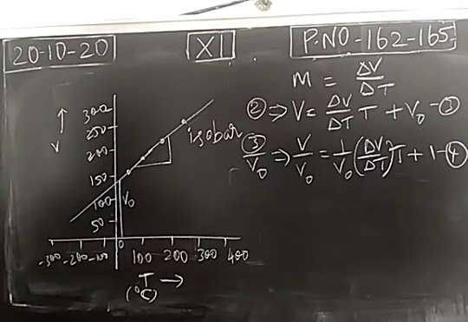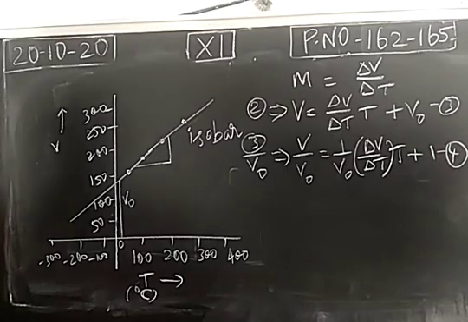Then, Charles and Gay-Lussac, both are scientists. Charles as well as Gay-Lussac, they assumed that for every rise of temperature, there will be an increase of volume. So both are directly proportional. When temperature increases, volume will increase. For every degree rise of temperature, how much volume increases? They calculated this.